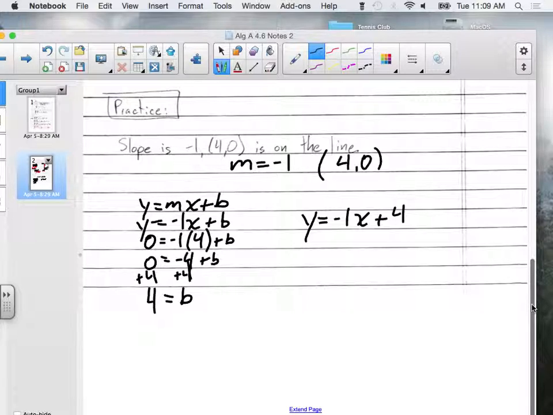Two of your problems on your homework give you a graph, and you'll have to write the equation that goes with it. So, when we're writing equations, what are the two things we have to find? M and B. You have to find M, which is our slope, and B is our y-intercept. So how do we find slope from a graph? Rise over run, so we're given 2 points.